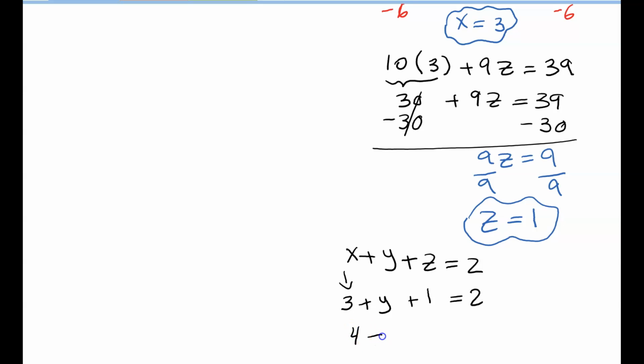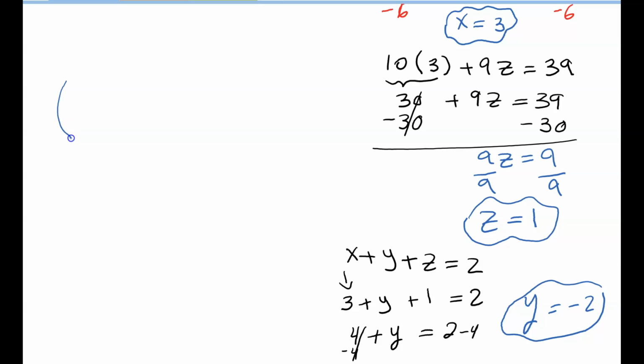That's 4 plus y is equal to 2. Subtract 4 from both sides. y is equal to negative 2. And here's how we're going to write our answer. We're going to write it in point form, in coordinates. So x is 3, y is negative 2, z is 1. That's the answer.